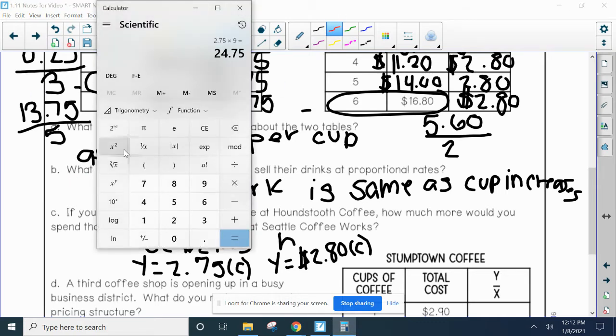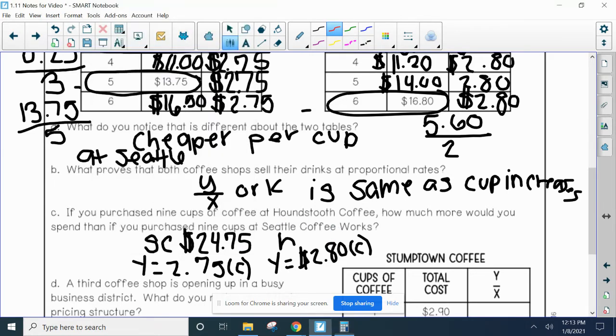And then we know at Houndstooth, it is $2.80 per cup. And again, we're buying 9 cups. It's going to be $25.20. So these are our 2 prices. But did they ask us how much it cost? No, it asked us how much more.